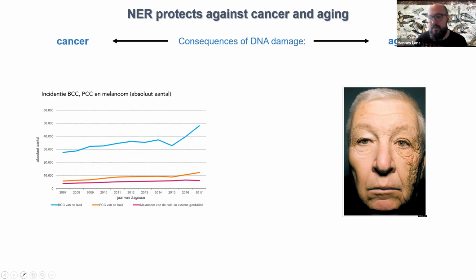You can see the enormous difference in skin aging between the left and right sides of the face. This shows that DNA damage can not only cause mutagenesis, which then leads to cancer, but also cause aging. Those two sides of the DNA damage coin you also see in nucleotide excision repair deficiency disorders.